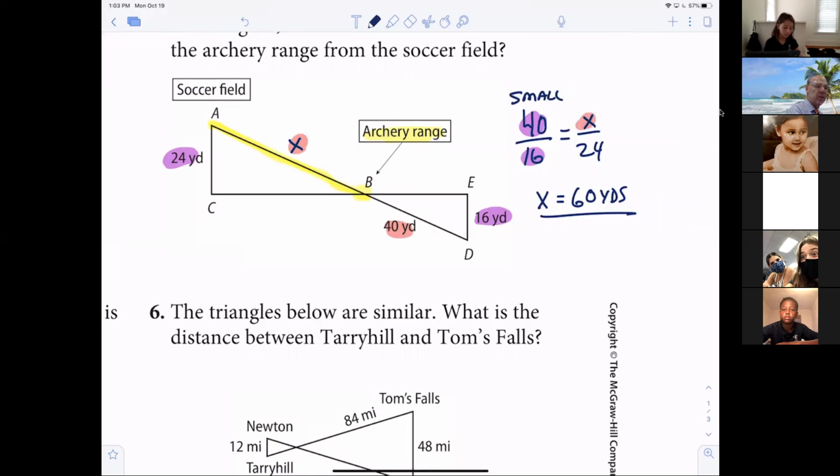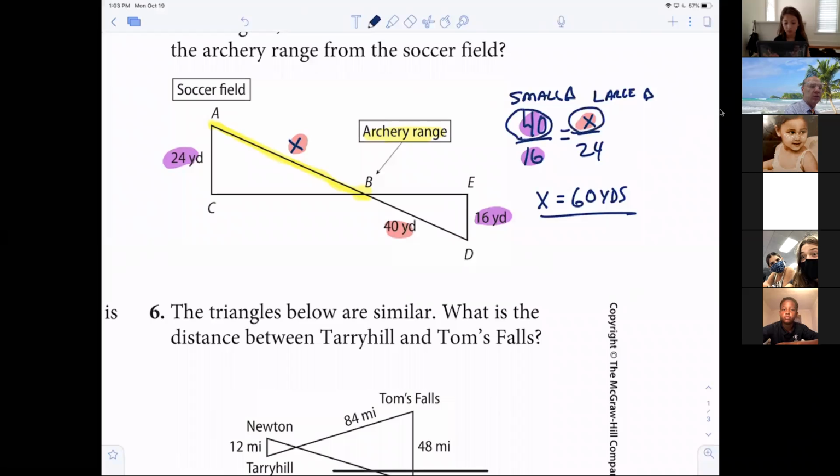This is the small triangle, and this is the large triangle. So 40 on the small triangle corresponds to X on the large triangle. 16 on the small triangle corresponds to 24 on the large triangle. Does that make sense, Evan? Yeah. And then you just cross multiply.